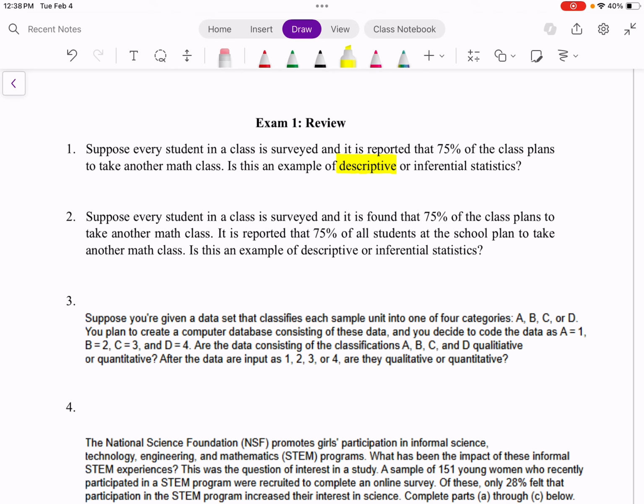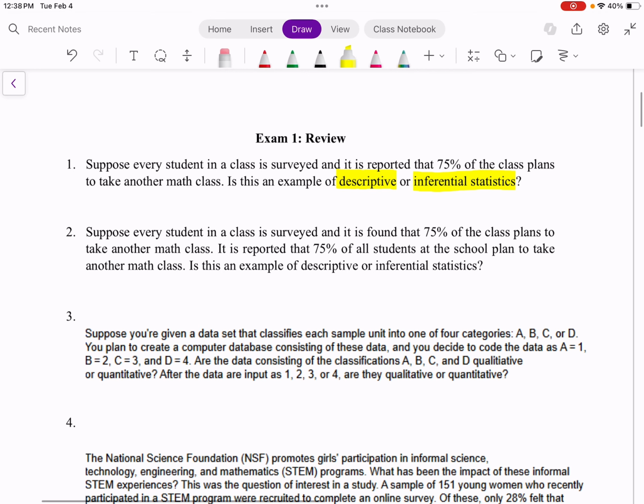Inferential statistics helps us make a generalization, a decision or an estimation. Here the class is surveyed, and from that survey we find 75% of the class plans to take another math class. Is it inferential or descriptive?